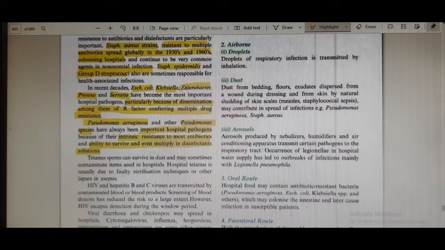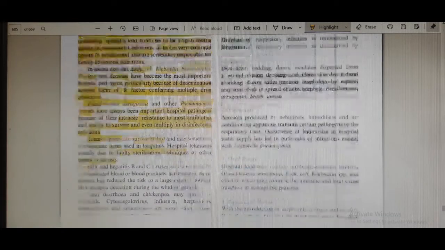Then we have tetanus spores, which survive in the dust and sometimes contaminate the items in the hospital. Hospital tetanus is usually due to faulty sterilization techniques or other lapses in asepsis. So, if the sterilization technique is not properly adapted in the hospital, it might lead to hospital tetanus infection. The tetanus spore might spread into the patient.